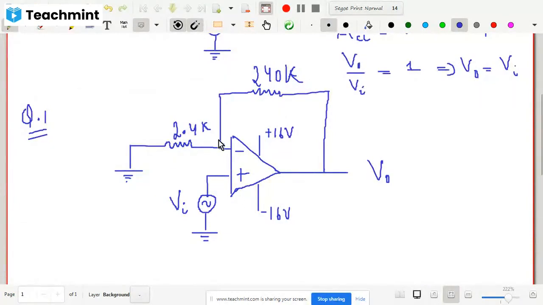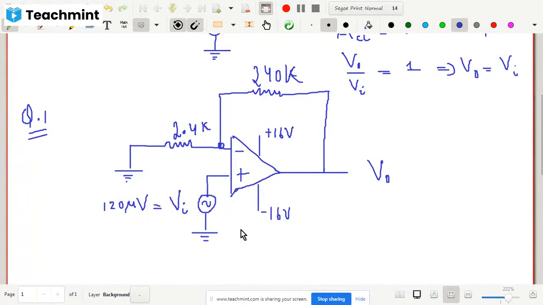By just looking at the diagram, you know that this is a non-inverting amplifier, isn't it? So first find out the gain, and then you find out the output. The input is given to you, that is 120 microvolt. Now if you know the input, you can easily find out the output.